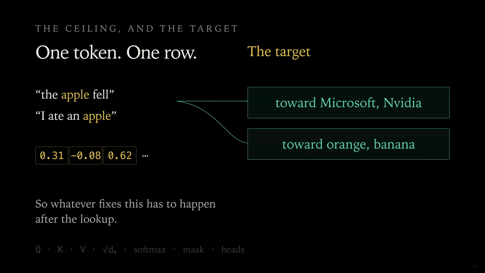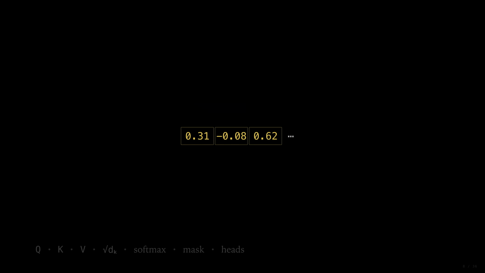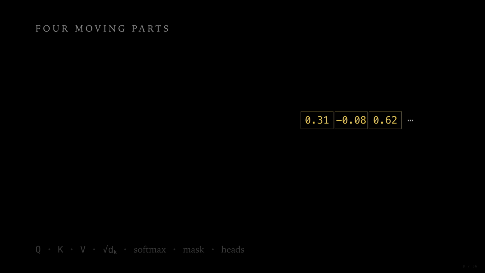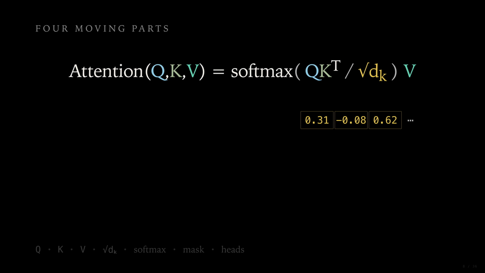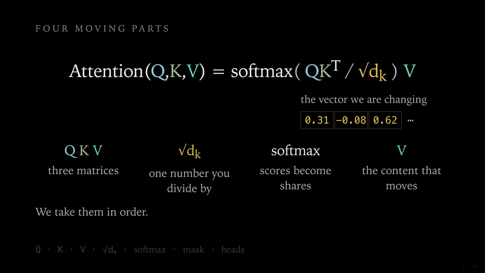Take the vector for Apple and move it, starting from the same row both times and letting the neighbors decide where it ends up. So back to the equation, because there are really only 4 moving parts in it. 3 matrices, 1 number you divide by, and Softmax. Once you know what those 4 things are, you can read the entire line.